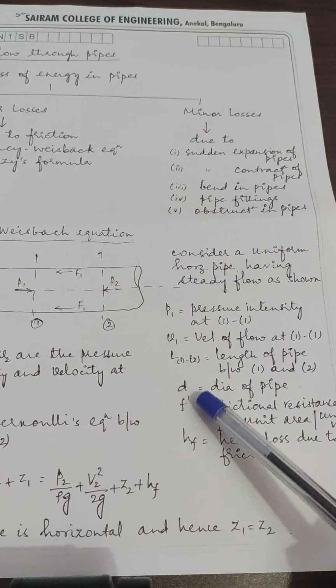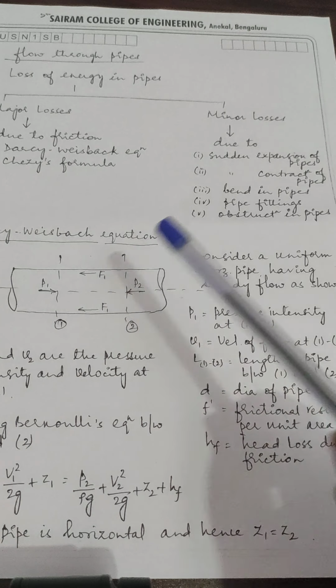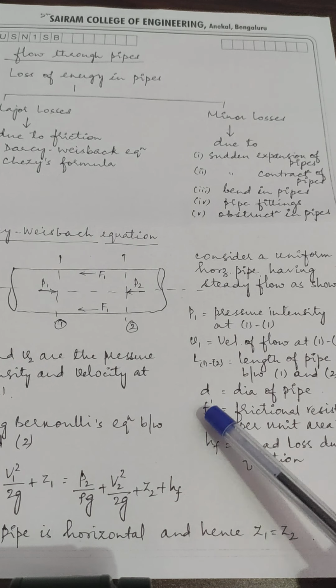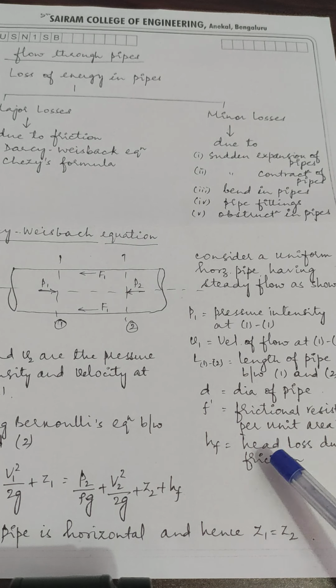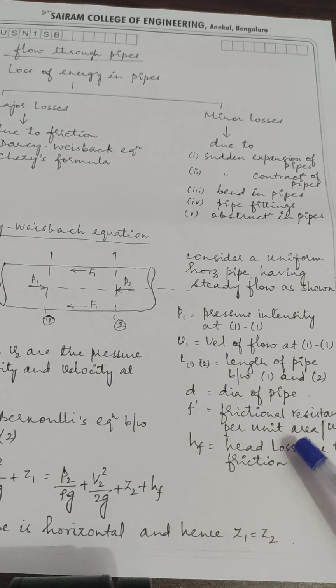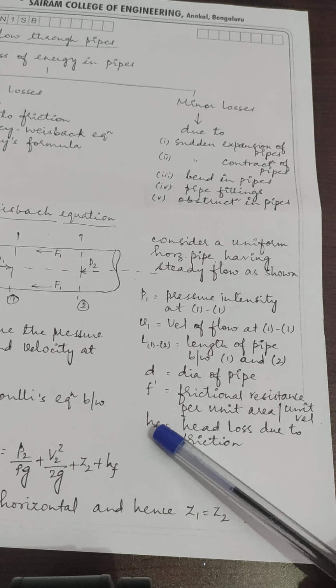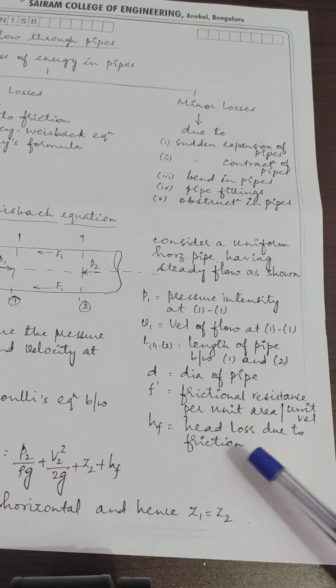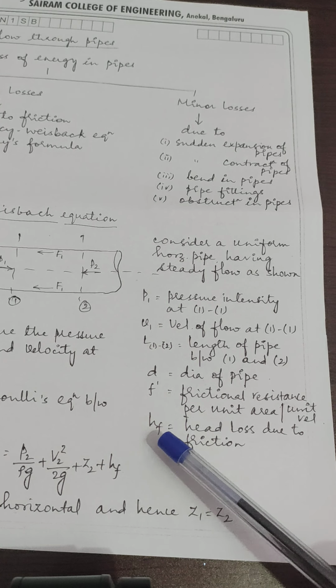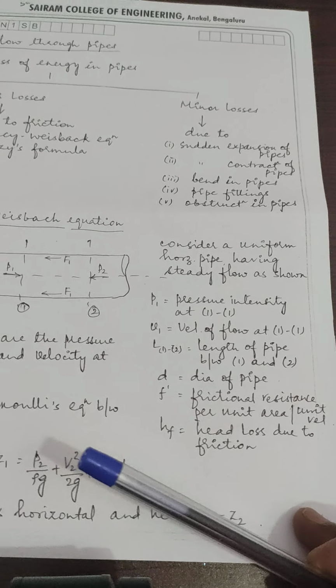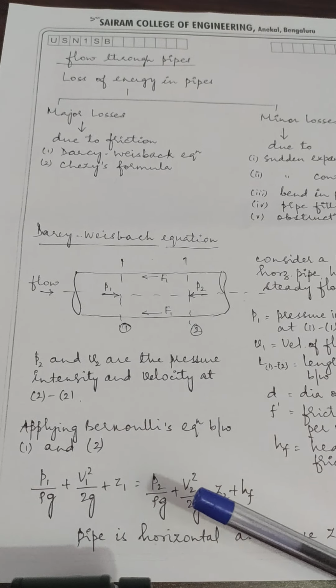Then small d is the diameter of the pipe. Then we have f', that is the frictional resistance per unit area per unit velocity. Then hf, that is head loss due to friction. We are going to derive the expression for this head loss due to friction, hf.